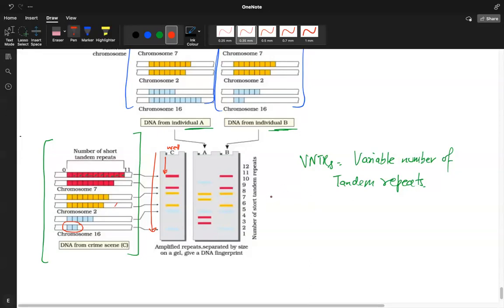Similar. If I'm doing it for a paternity test, only one chromosome will show the same sequence, not the other. Suppose person A wants to figure out who his father is, and there are 2 or 3 suspects. Or in cases where there is a natural calamity and you are not able to identify the deceased person's body, then you go for DNA testing to figure out whose body this is.